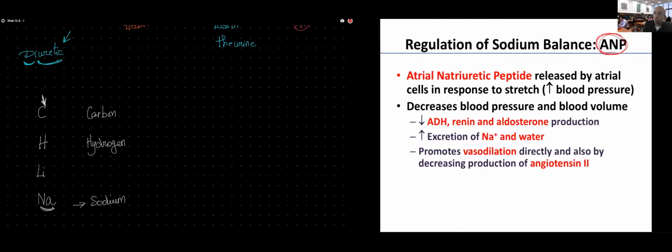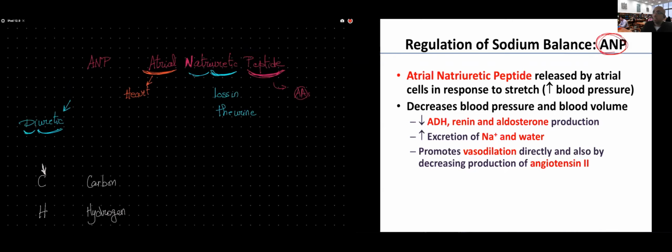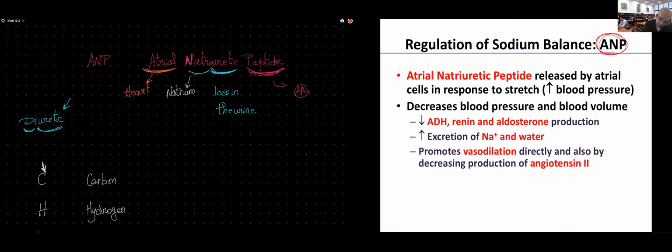We give them according to the Latin name of the element. So what is the Latin name for sodium? It's natrium. So natrium is sodium.